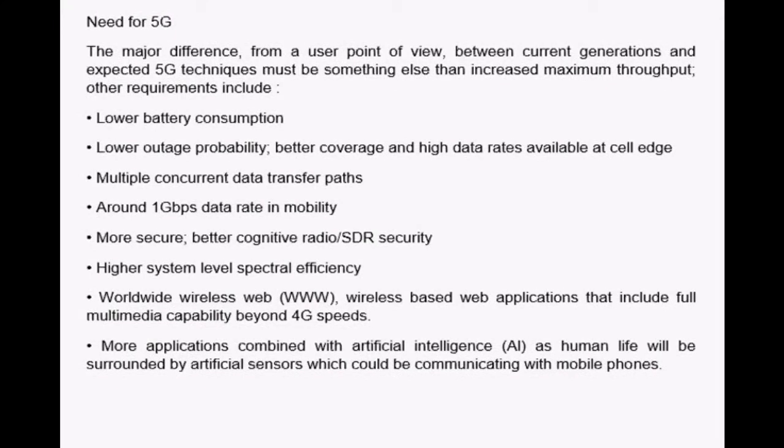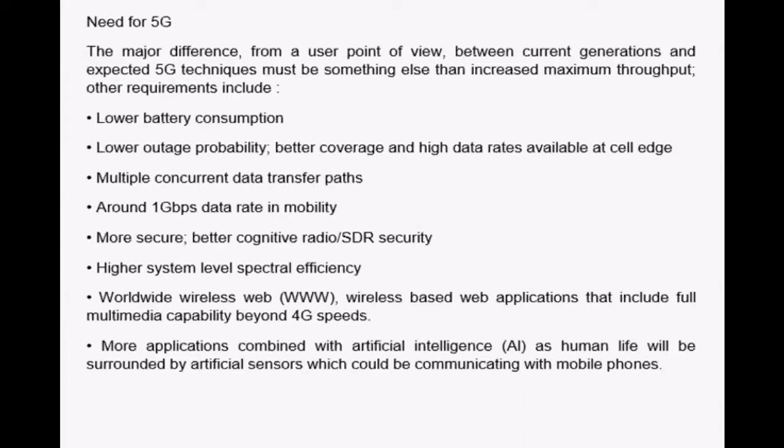The major difference from the user point of view between the current generation and expected 5G technologies must be something other than increased maximum throughput. Other requirements include low battery consumption, low outage probability, better coverage, and high data rates available at the cell edge.